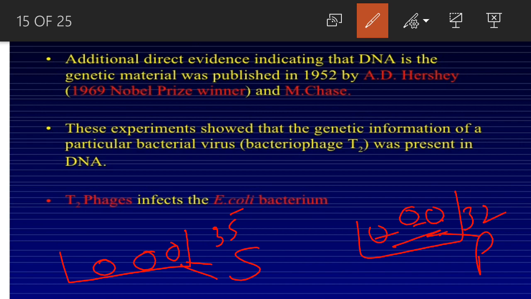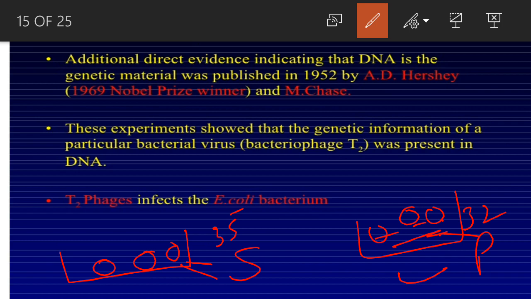Now they were grown on a medium containing sulfur 35 and phosphorus 32. A radioactive substance is one which emits radiations. Viruses grown in the presence of radioactive phosphorus contained radioactive DNA.